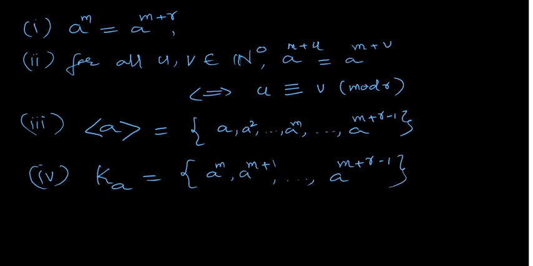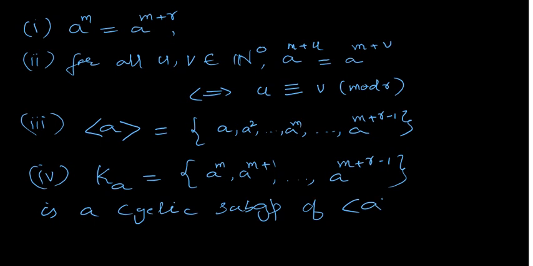This set is a subset of the monogenic semigroup generated by A. This one is a cyclic subgroup of this semigroup generated by A.